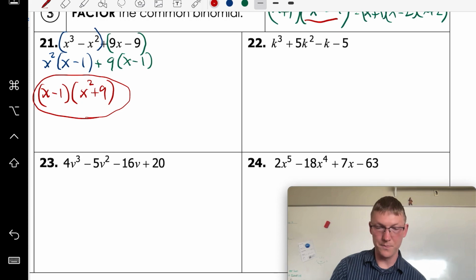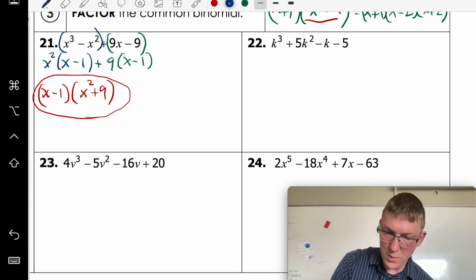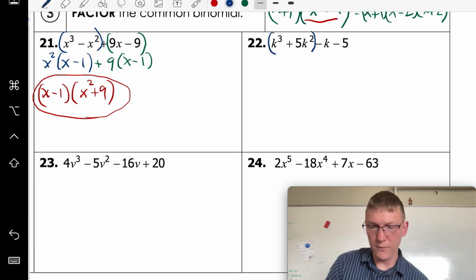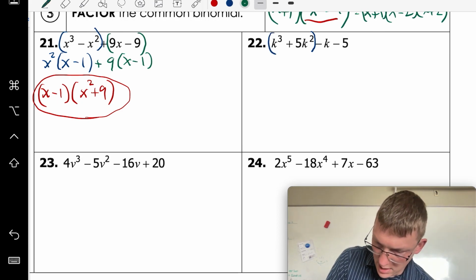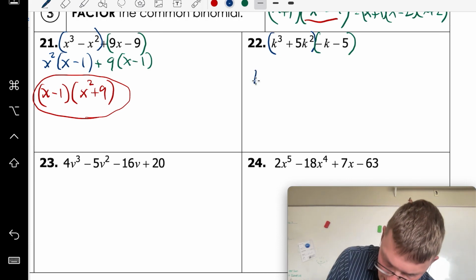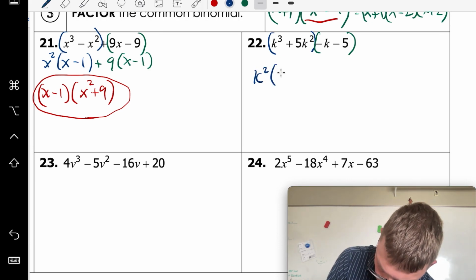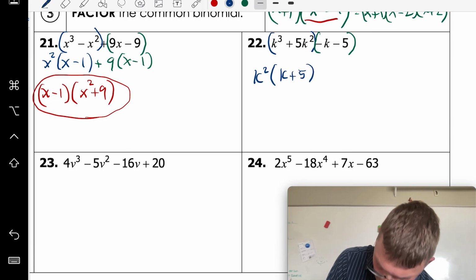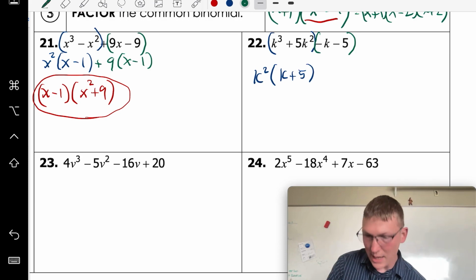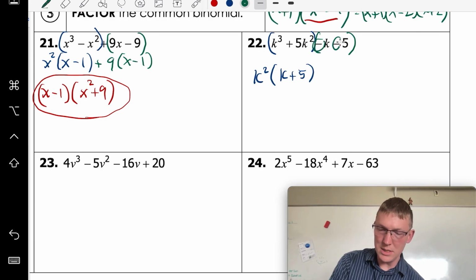It is factored. Okay, so if we're looking at 22, same thing. We're going to go with our first group and our second group. So our first group, we're going to pull out a k squared, k plus 5. And then our second group, we're actually going to pull out a -1. So notice how the signs are different.